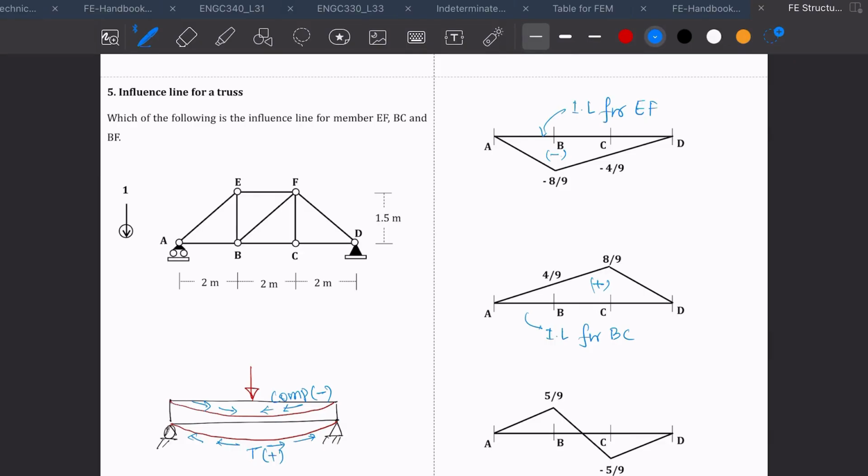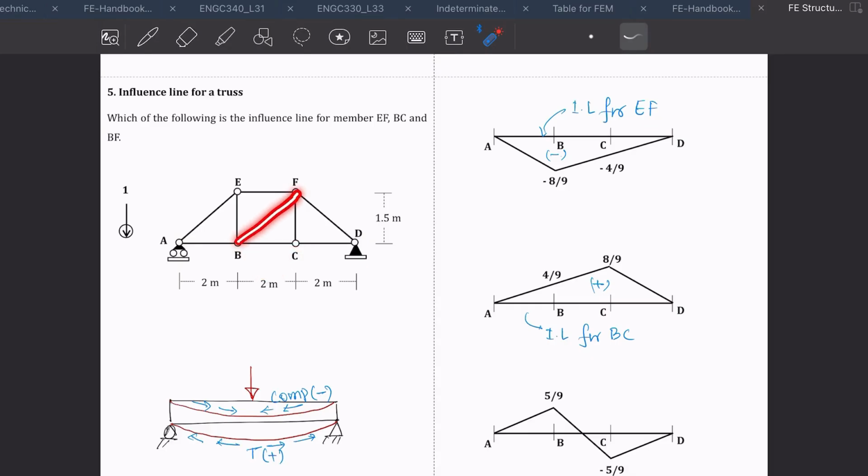They'll just ask a simple conceptual question: which of the following belongs to the influence line for EF? You know that EF will be in compression, so the whole section will be in compression, which means that as the load is moving from A to D, this part will always be in compression, and similarly, as the load is moving from A to D, this part will always be in tension.